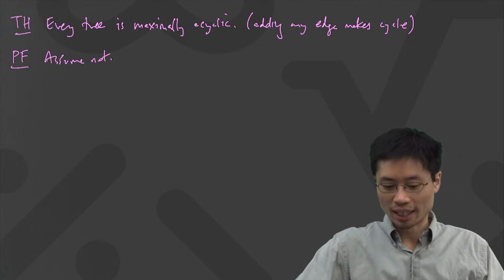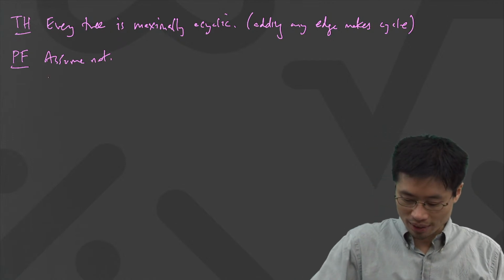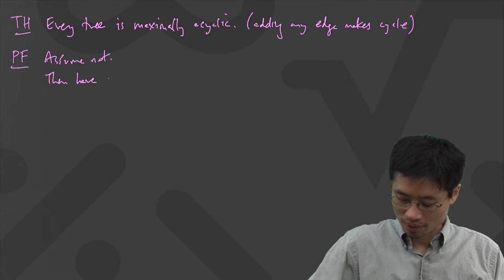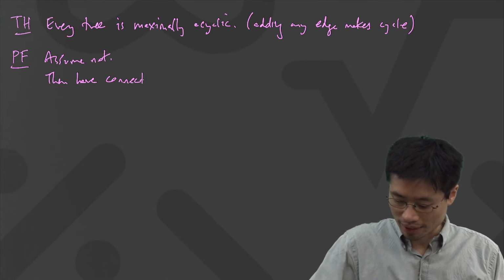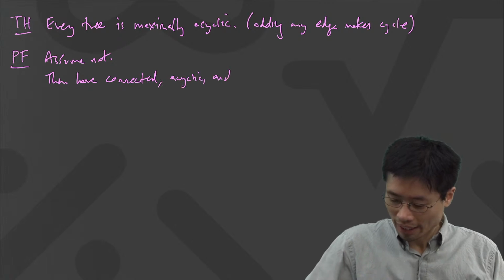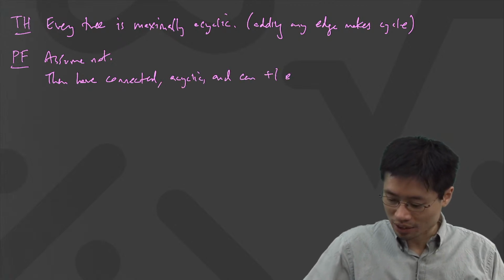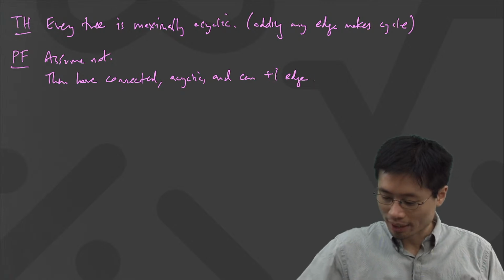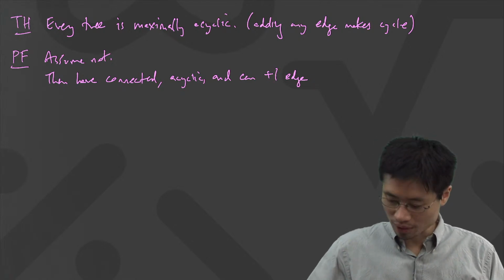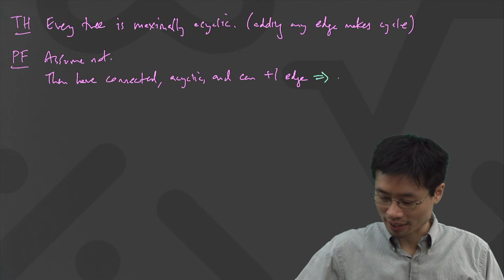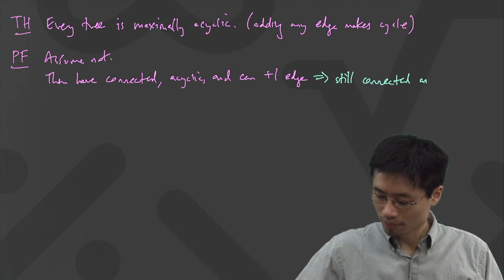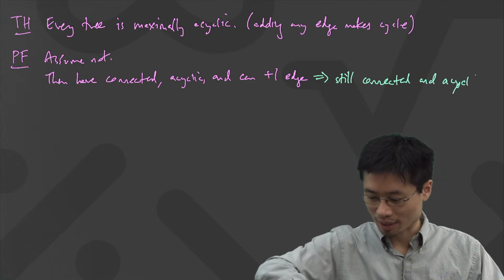Assume not. And then what you have here is that you have connected, okay, and it's acyclic, and you can add one edge. And then it's still connected, still connected and still acyclic. Oh no, yeah, that's the contradiction, right?